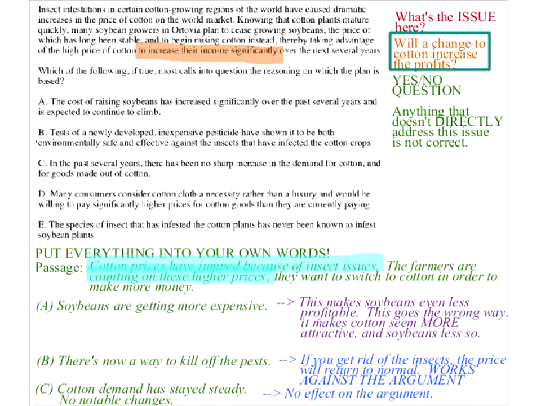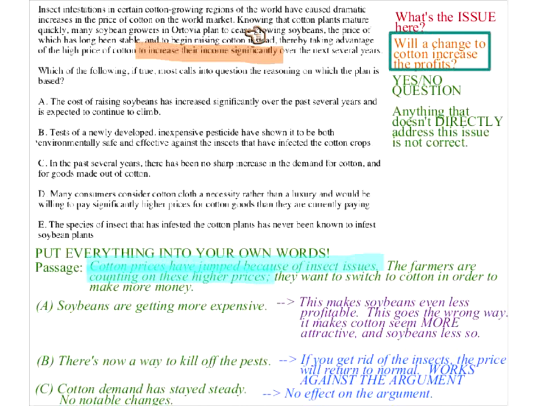Steady demand at a high price could still make them money, right? Yeah, sure. That's the point. The price is already high because of this. They're not counting on an increase in prices. Again, there's a couple ways this could work. The first way is if this said the demand will go down, then it would weaken the argument. The second is if the passage said that farmers were counting on more demand for cotton.